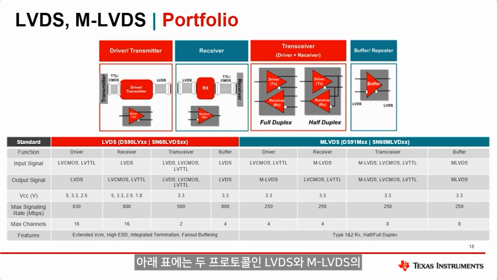The bottom table shows a summary across the different features and types of devices in both protocols, LVDS and M-LVDS. On the LVDS side, we have many different devices ranging from various voltages, 5 volt, 3.3 volt, in cases down to 1.8 volt, various different signaling rates, channel counts ranging from a single channel all the way up to 16 for drivers and receivers.